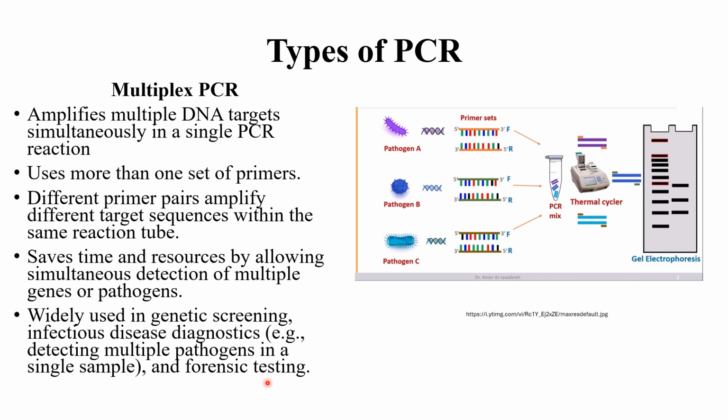You can be able to say if this sample contains DNA from X, Y, Z. This is not the best example, but this is an example that you can use for forensic testing, or even to know people who are in a crime scene. You might have something from the crime scene and you want to see how many people were there. During forensic testing, you can amplify several and find out how many suspects were there at the same time.